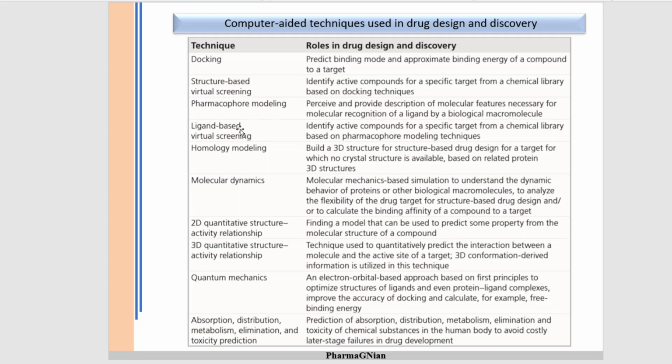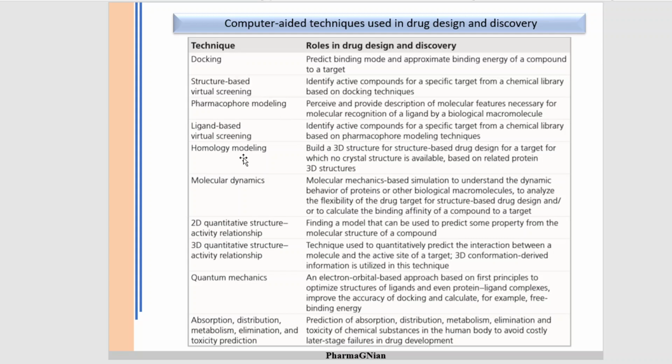Here I am just giving an overview of computer drug design, and what the roles are in the drug discovery and drug design process. The next technique is ligand-based virtual screening. It has the role to identify the active compounds for a specific target from the chemical library based on pharmacophore modeling, whereas the earlier technique is based on docking.